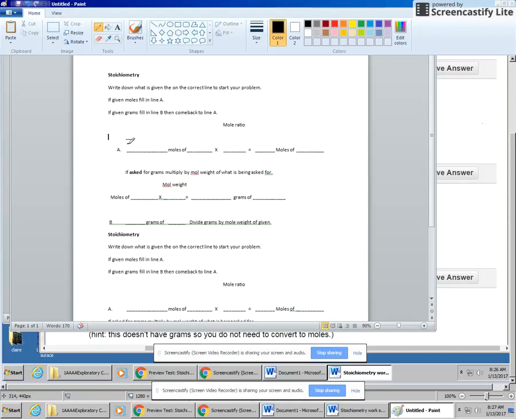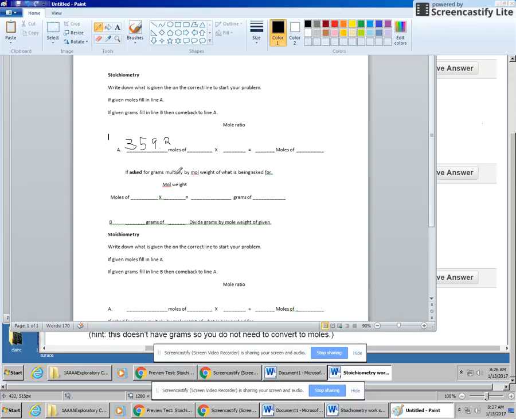359.2. And you'll notice that it's not moles. I have to change grams to moles.